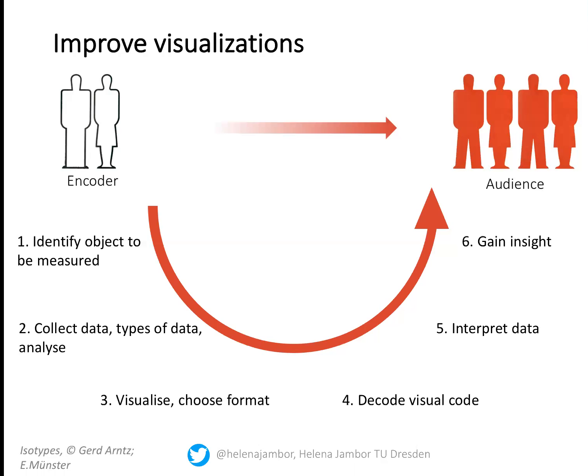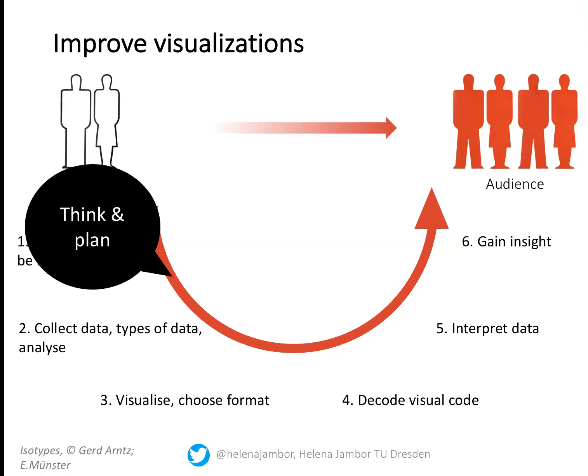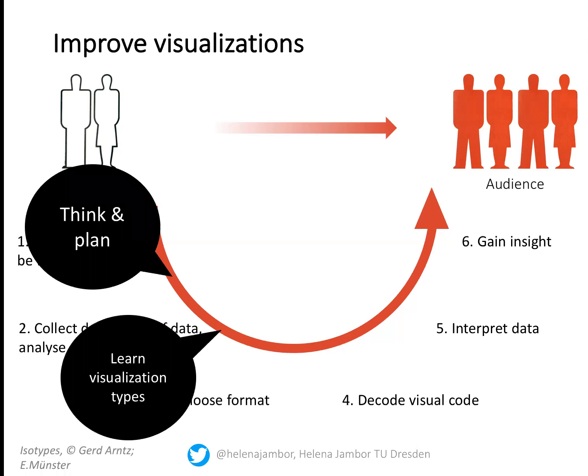If you want to improve visualizations in order to make them accessible to an audience, you have to do a lot of thinking and planning of the visualization. I would recommend that this is done with pen and paper as much as possible. Then you have to learn, and we also cover this in the course, the different kinds of visualization types.